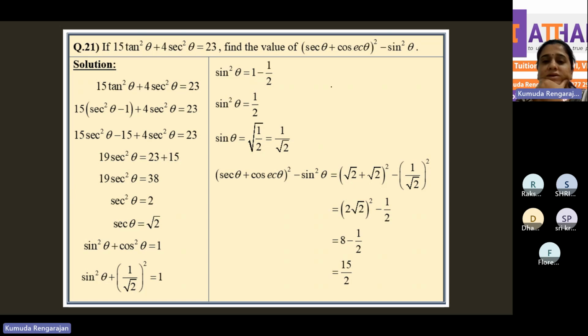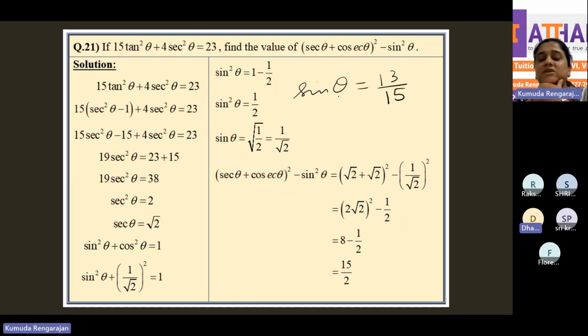Okay, answer this question. Can the value of sine theta be 13 by 15? The answer can be yes, no, or can't say.